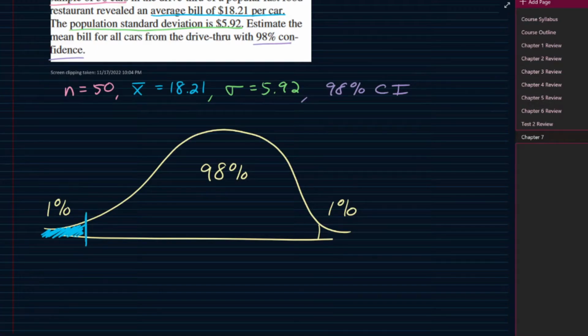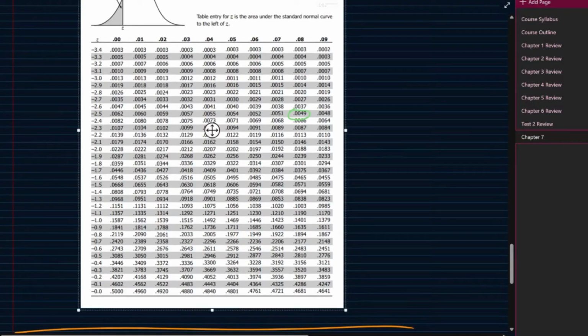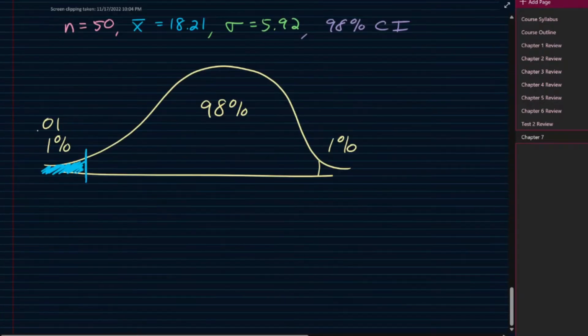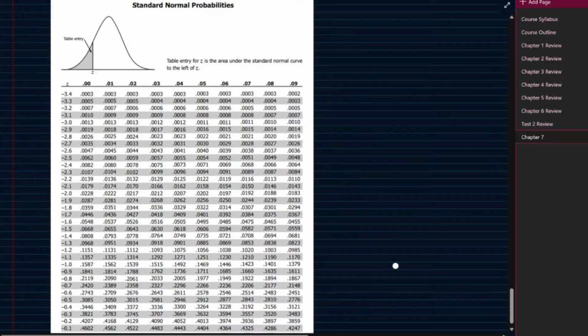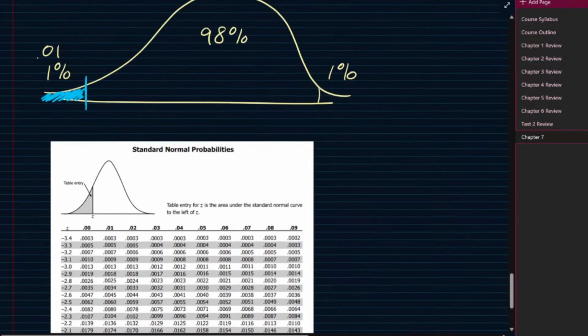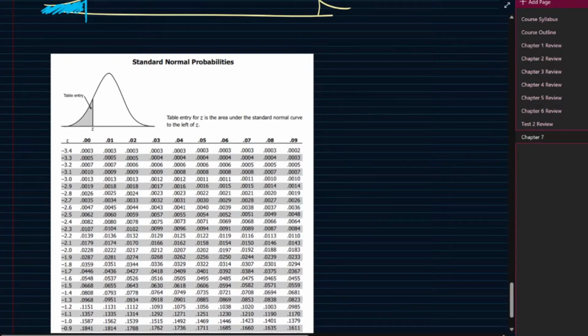So we go to our Z table, we look for when the area is closest to 0.01, and that will tell us about our Z star. Where's closest to 0.01? That would be this one right here, which is a Z-score of negative 2.33.